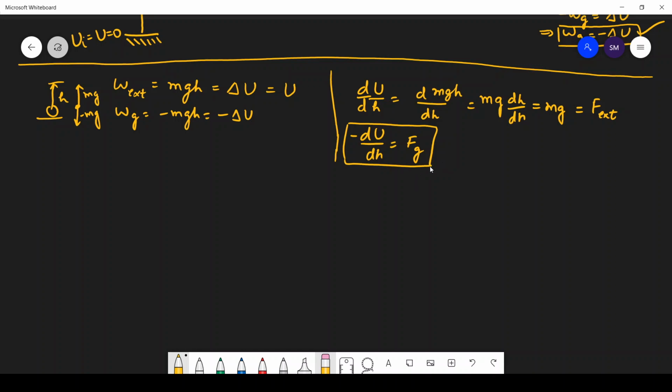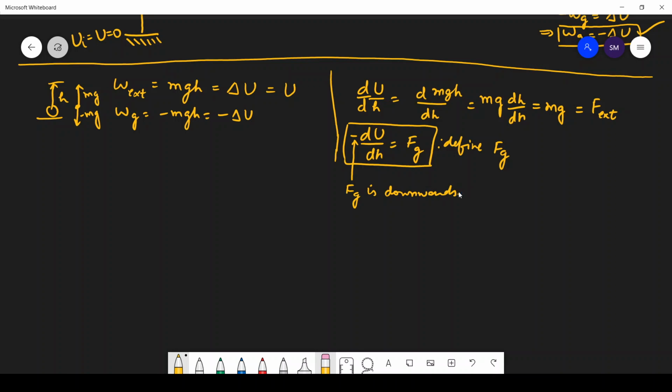So students, this is how we define the gravitational force. Okay? So this is just a simple mathematical way. And what is this negative sign telling you? This negative sign is only telling you that this gravitational force is downward.